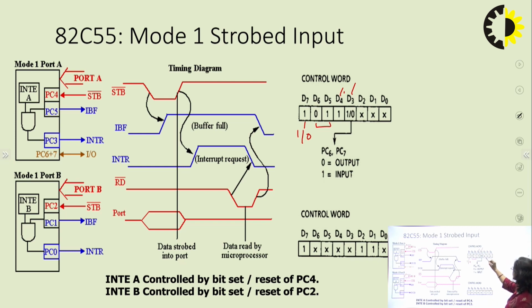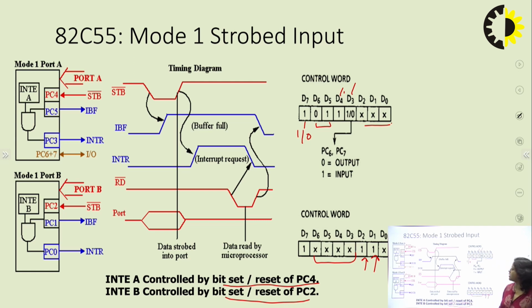Similarly, for port B, these 3 pins are used, as for port A mode. And to write the control word for port B, we don't care about these 4 bits and write 1 and 1 for port B in mode 1 as input. So INTEA and INTEB are controlled by BSR of PC4 and bit set reset of PC2 respectively.